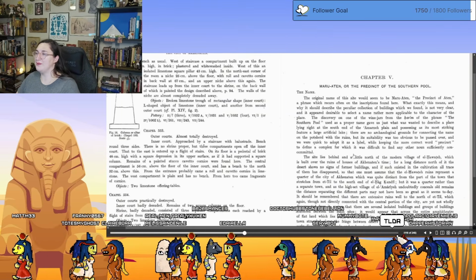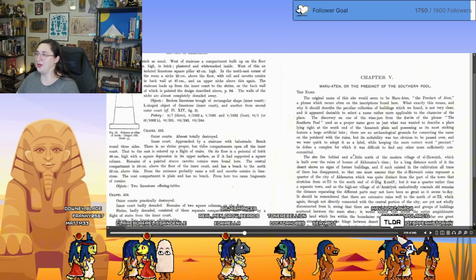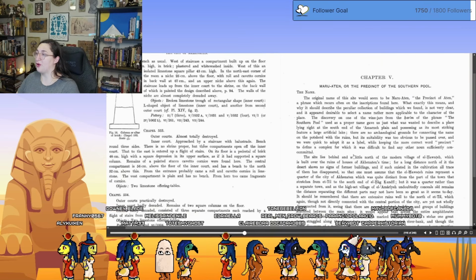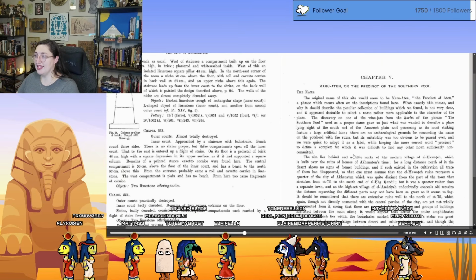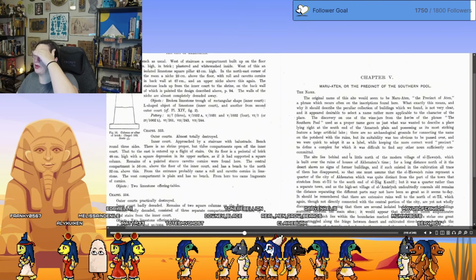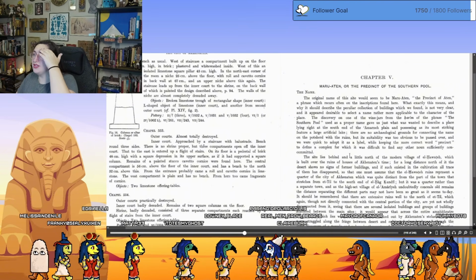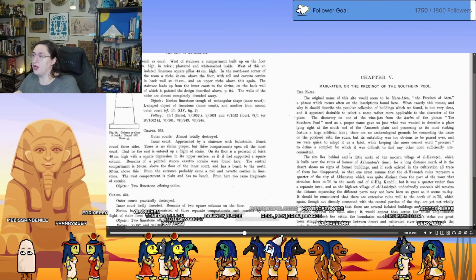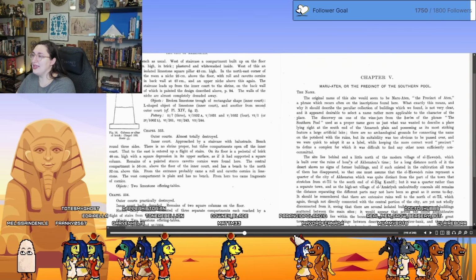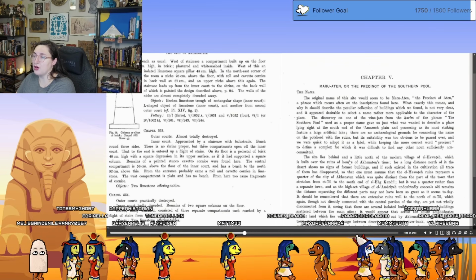What exactly this means and why it should describe the particular collection of buildings which we found is not very clear, and it appears desirable to select a name rather more applicable to the character of the place. The discovery on one of the wine jars from the harem of the phrase the Southern Pool, used as a proper name, gave us just what we wanted to describe a place lying right at the south of the Amarna plain and possessing as its most striking feature a large artificial lake.